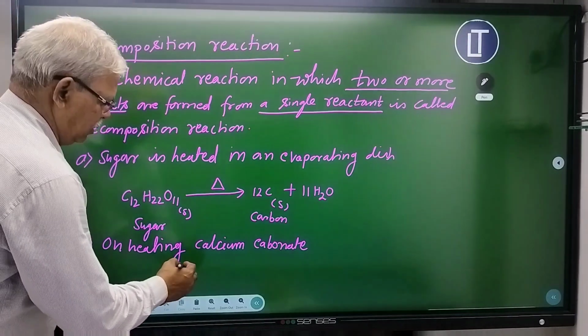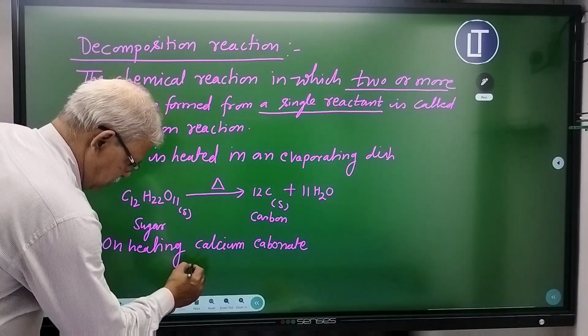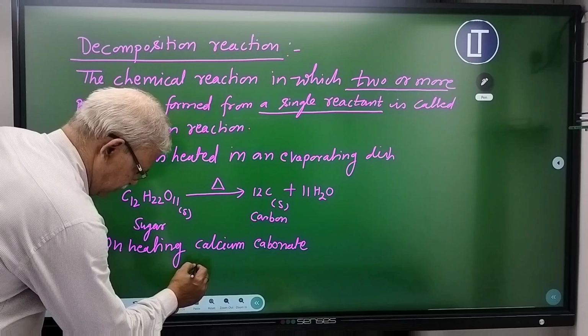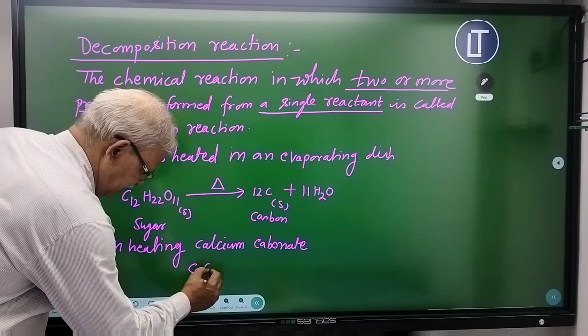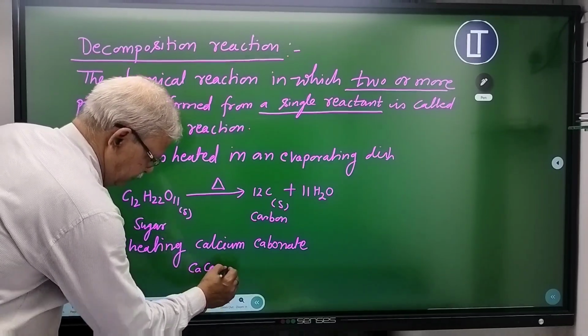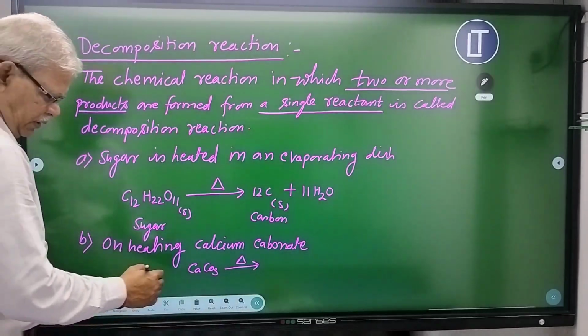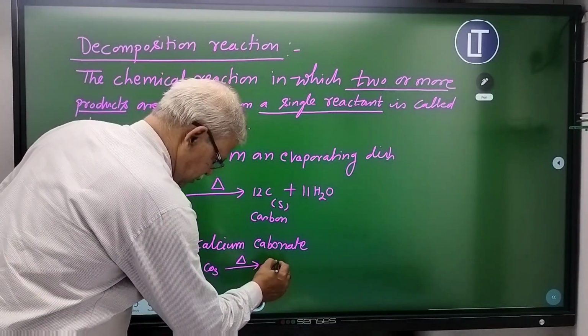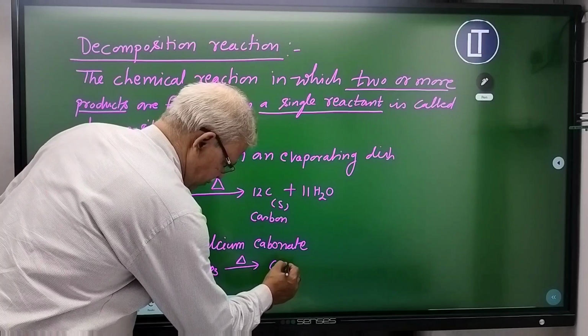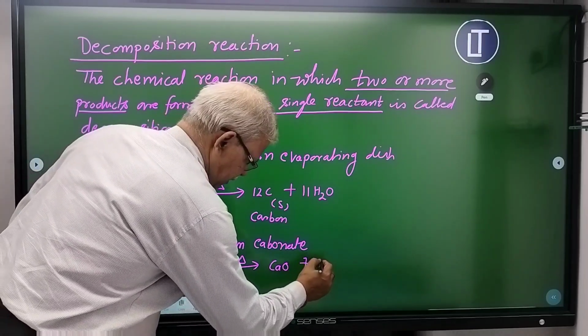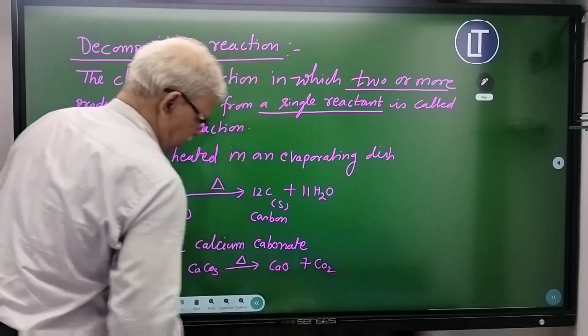Okay, here calcium carbonate, the molecular formula CaCO3, is heated, forming calcium oxide plus carbon dioxide.